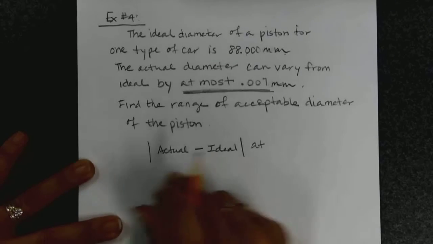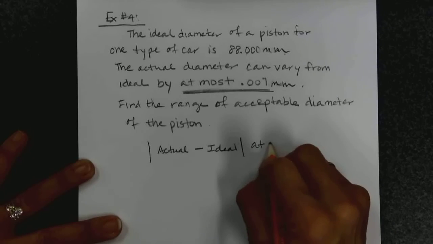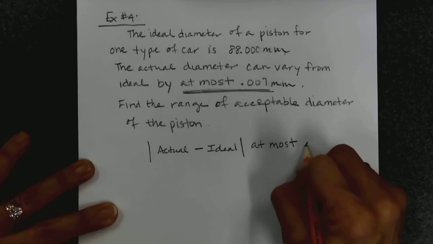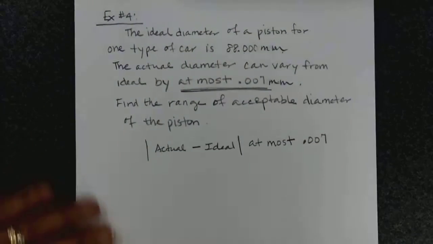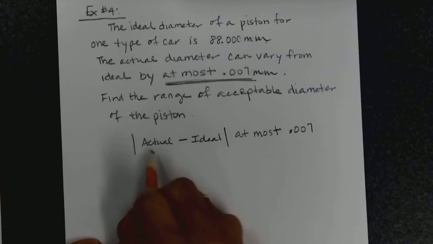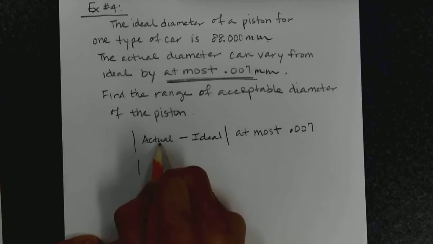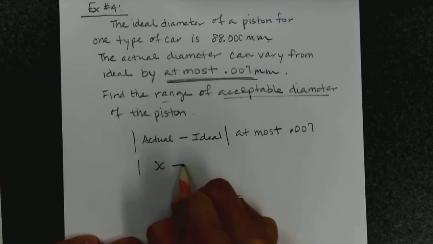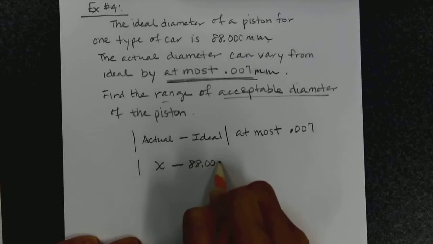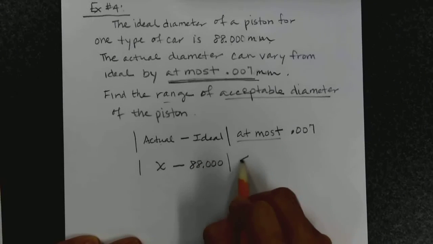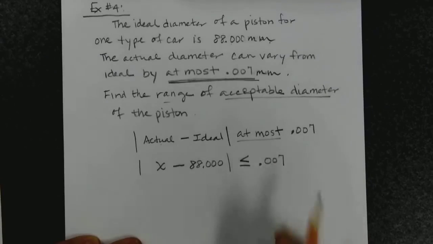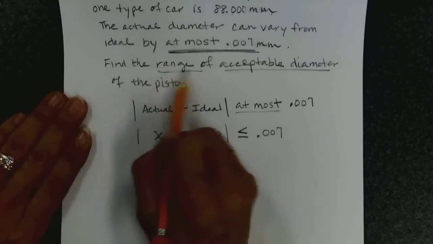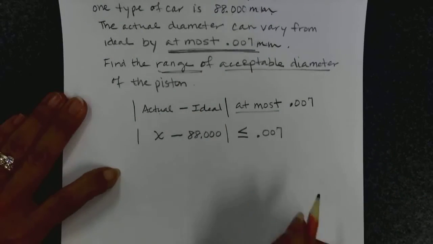At most, the distance between the actual and ideal, the difference between them, has to be at most 0.007 millimeters. So now when we put this together, we have the actual, which we don't know. What is the acceptable? So this is x. And my ideal measurement is 88.000. And at most, remember, is less than or equal to 0.007.